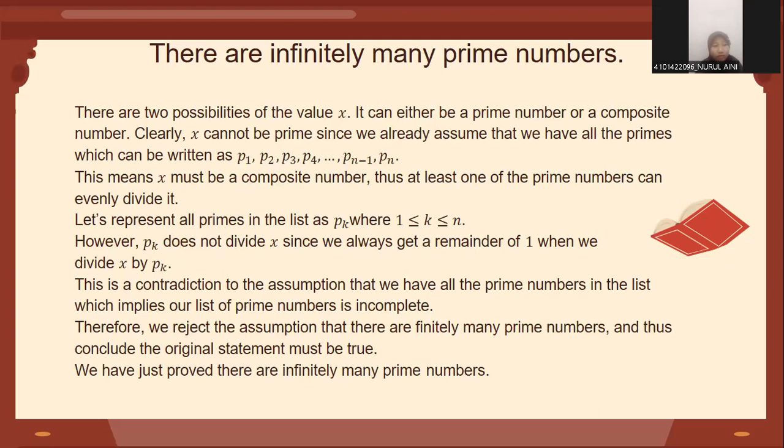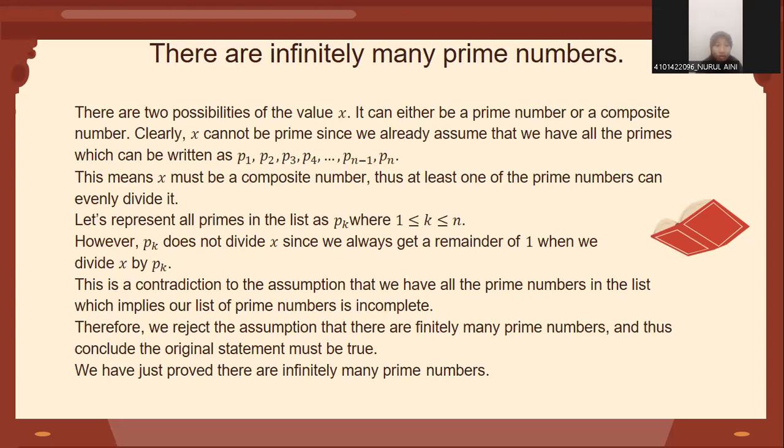Let's represent all primes in a list as pk, where k is greater than or equal to 1 and less than or equal to n. However, pk doesn't divide x since we always get a remainder of 1 when we divide x by pk.